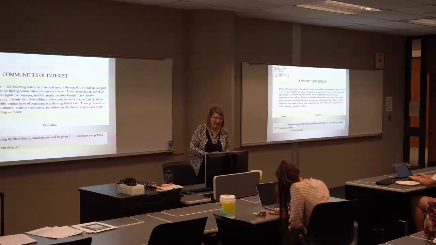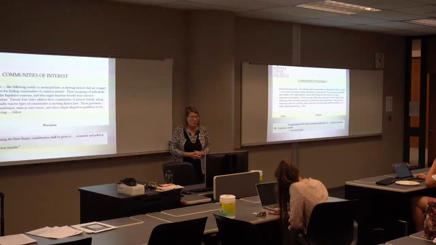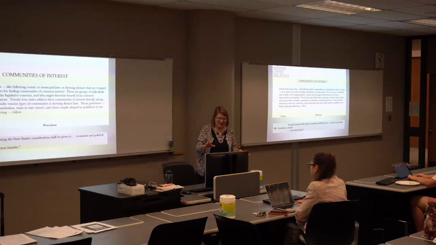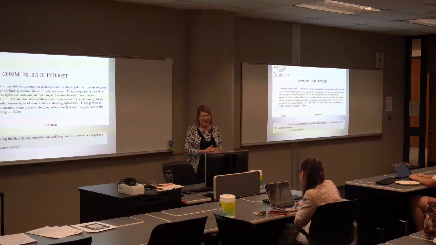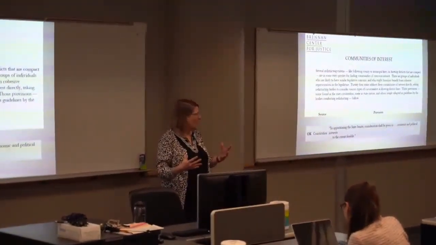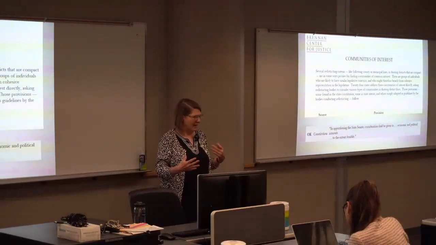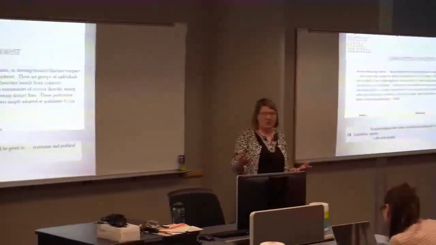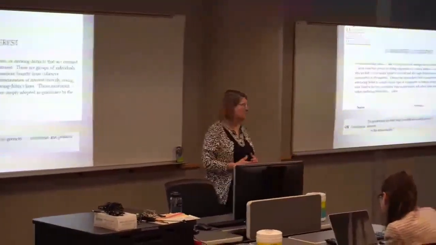In your state, it's in apportioning the state Senate. So they only mention the Senate, not the state house or the congressional districts. Consideration shall be given to economic and political interests to the extent feasible. I think they're also generally applying those to the state house and the congressional districts. But this is pretty minimal: economic and political interests.